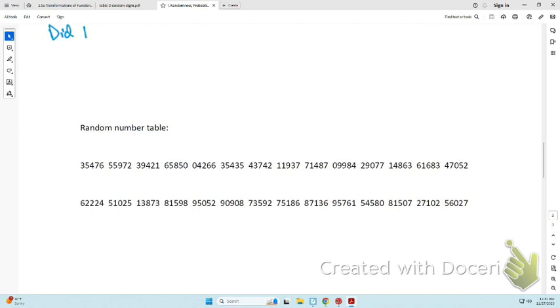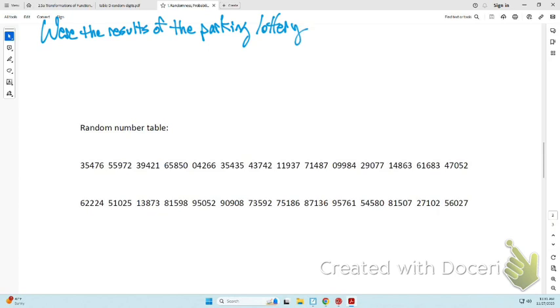Were the results of the parking lottery legitimate?